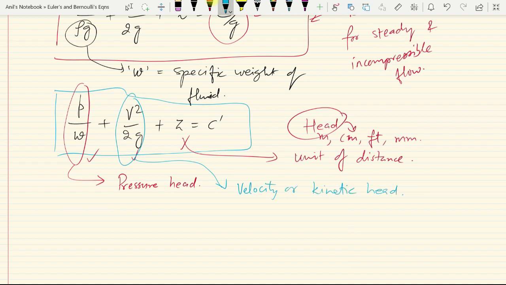And Z is called as potential head, or it is also called as datum head.